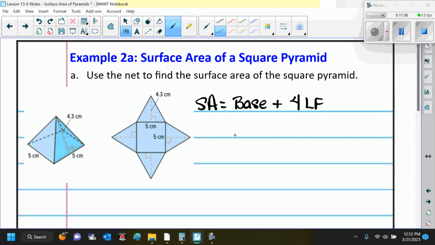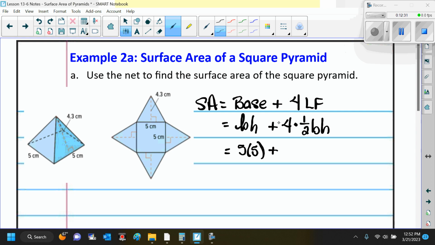So the base is a square, so the formula for that is base times height. Plus the area of the triangle is 1/2 base times height, and we have 4 of them, so we can multiply that times 4. So here's the formula that we're going to use to substitute in. The base is 5 times 5.